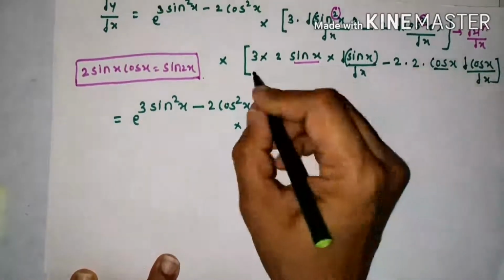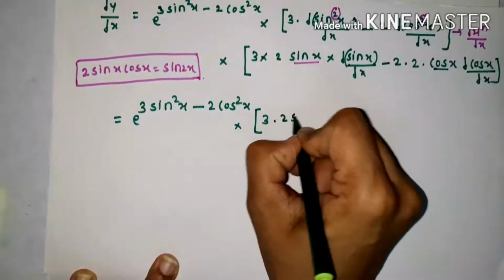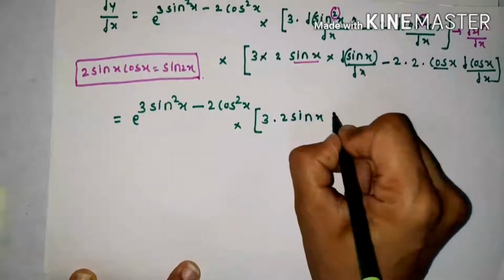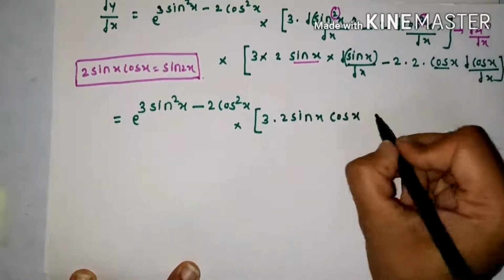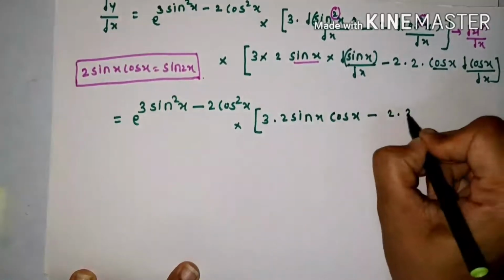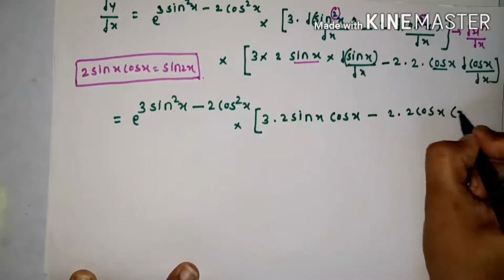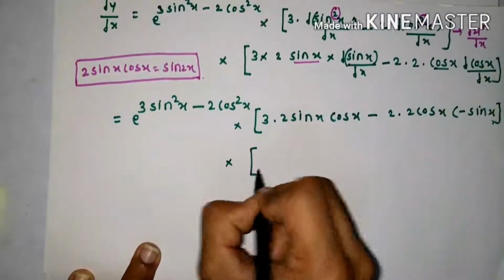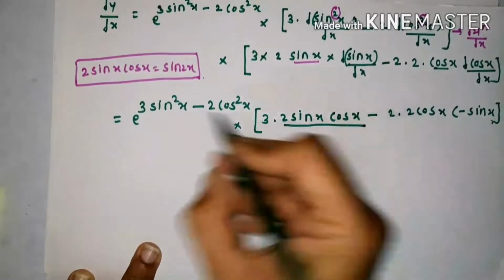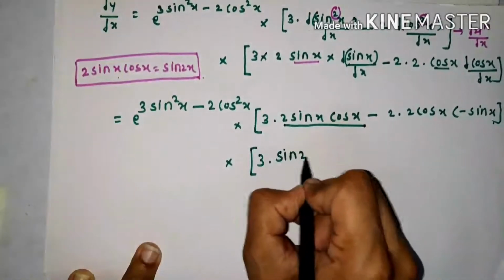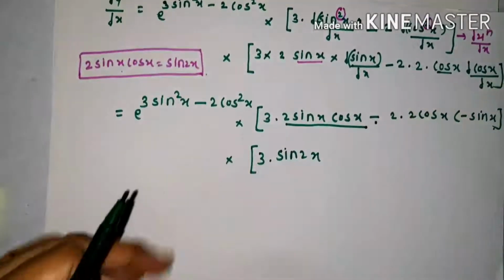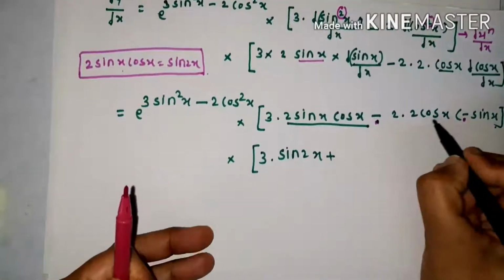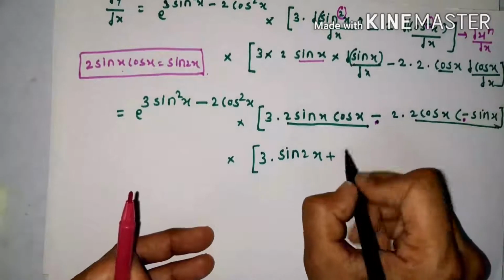Okay, first 3 into 2 sin x, first we will find the differentiation of sin x, then we use the formula. The differentiation of sin x is cos x, minus 2 into 2 cos x, the differentiation of cos x is minus sin x, and now we can use the formula, into 3 as it is, 2 sin x cos x, this is sin of 2x, and this minus, and minus becomes plus here, and then 2 sin x into cos x is sin of 2x.